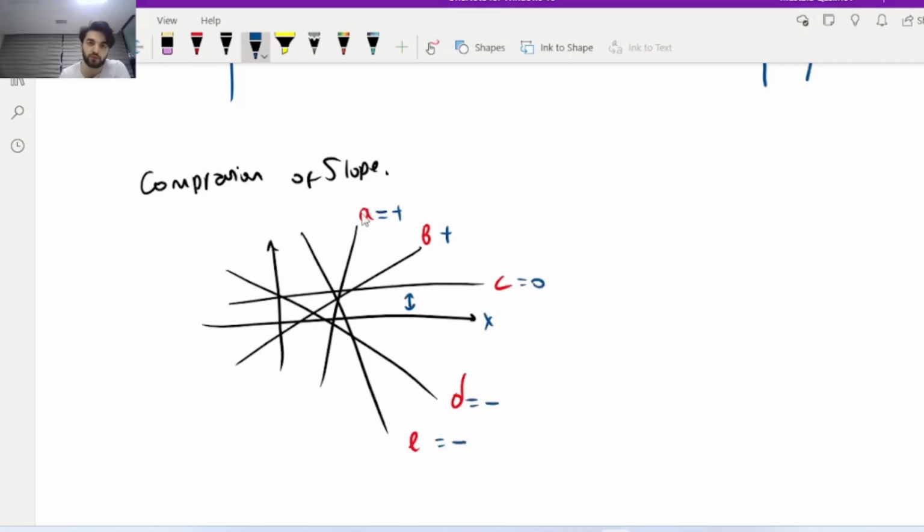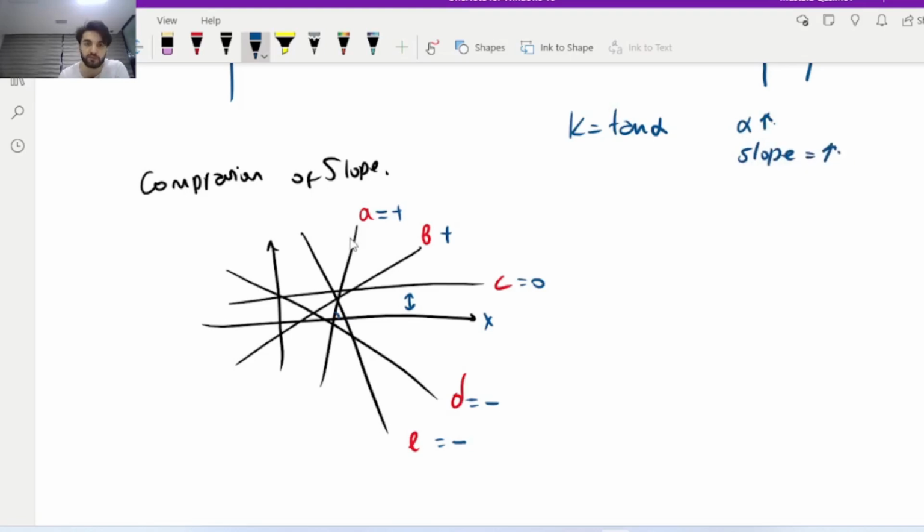Okay, now which one is greater, A or B? From trigonometry, probably, let's say you don't know trigonometry, but let's write it. k is equal to tangent of alpha, this angle. When alpha is bigger, the slope is also bigger.